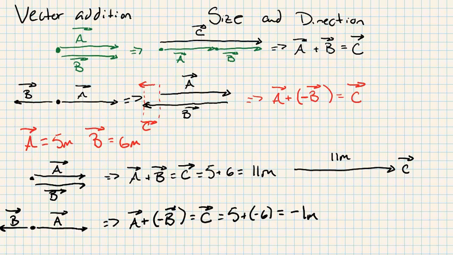That negative sign right there has meaning. It tells us that our vector is 1 meter in the negative direction, which we determined is to the left. So when vectors are in line, you decide which direction is positive and negative, and then add the vectors accordingly.